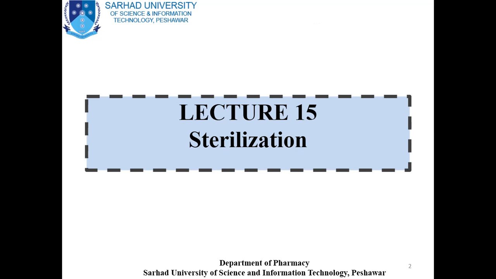You remember that this is the 8th week of the online classes of the semester, and this is the first class of the 8th week. In the 15th lecture we will study about sterilization.